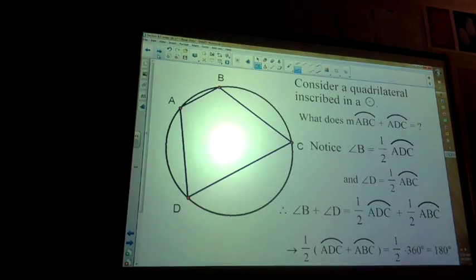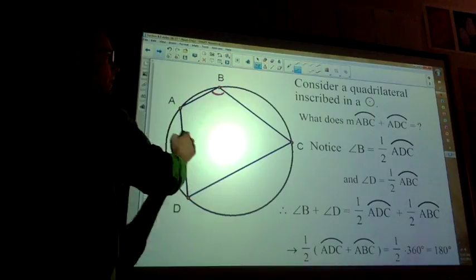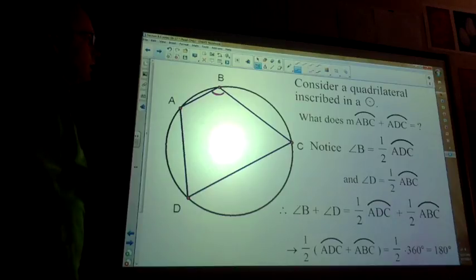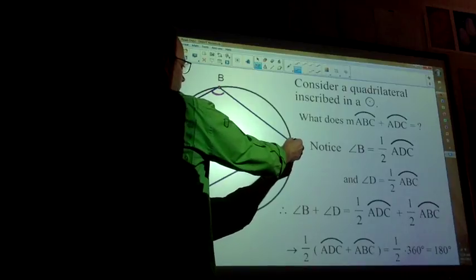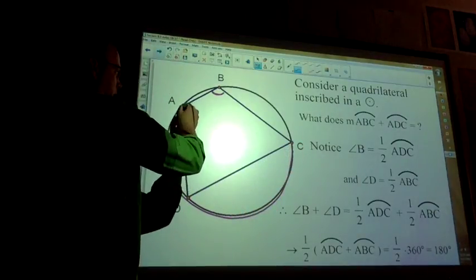Consider a quadrilateral inscribed in a circle. So the measure of ABC, this measure here, plus ADC. That's the arc. Do the inside angles have to add up to 360?